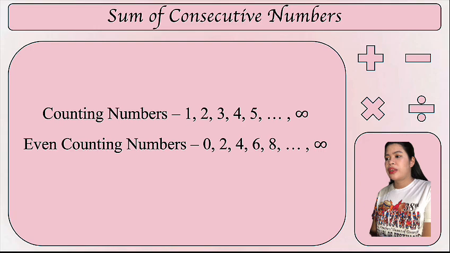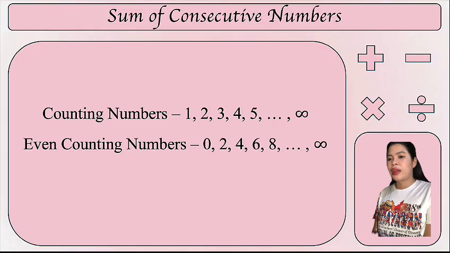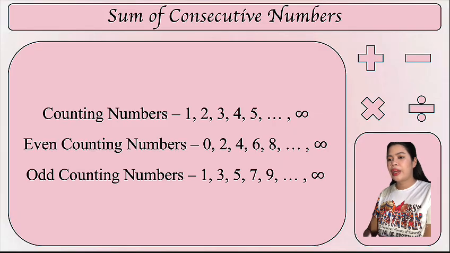Next, we have the even counting numbers, which start from 0, 2, 4, 6, 8 to positive infinity as well. And next, we have the odd counting numbers, which are 1, 3, 5, 7, 9 to positive infinity as well.